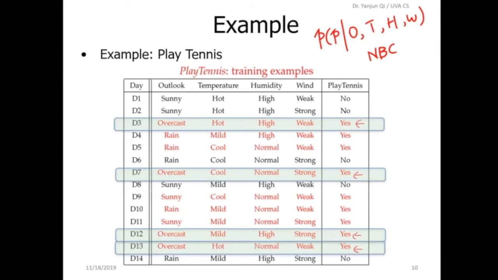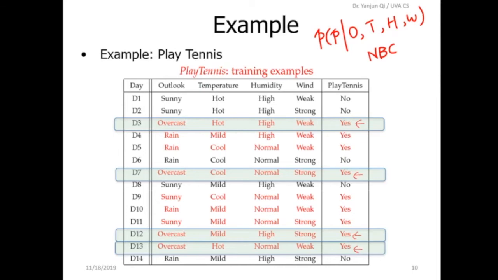Because whenever outlook equals overcast, play tennis equals yes.